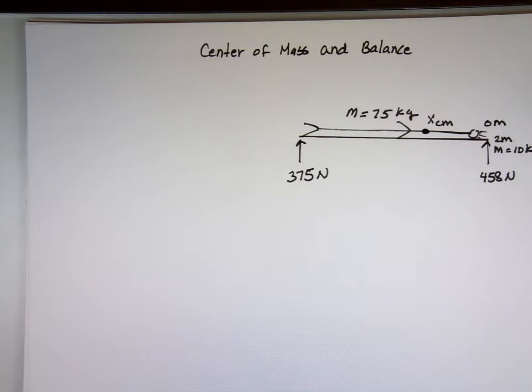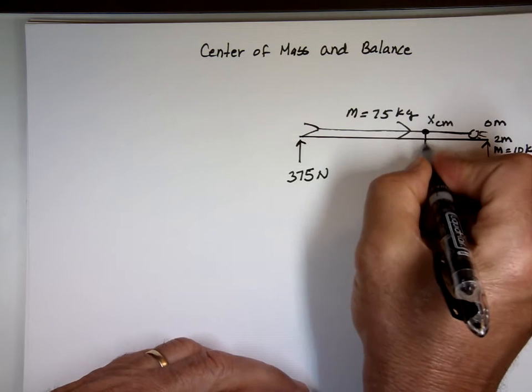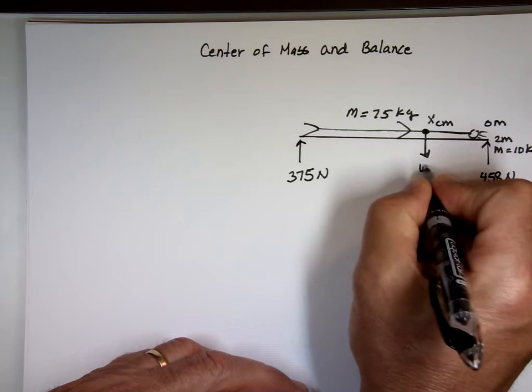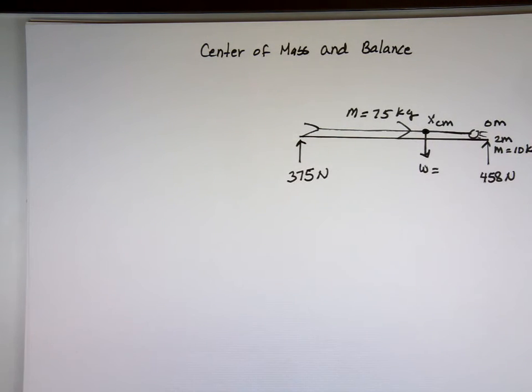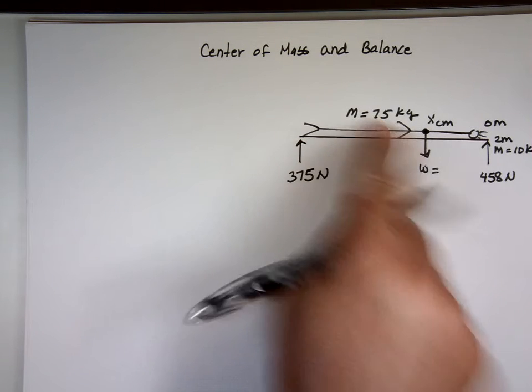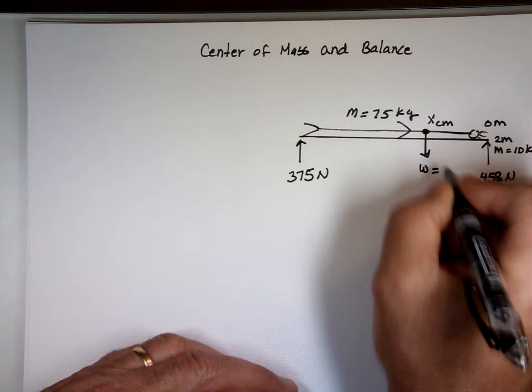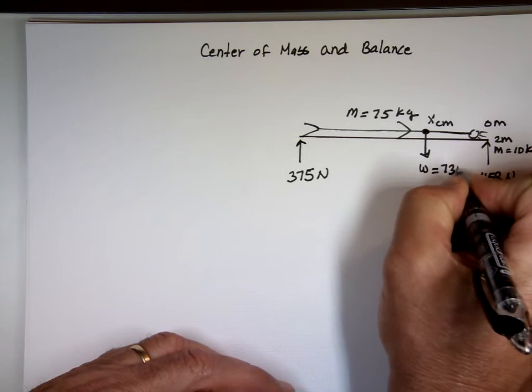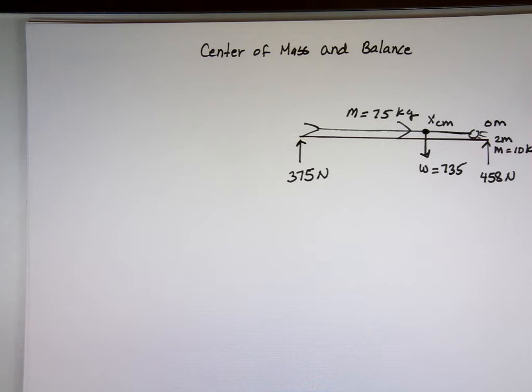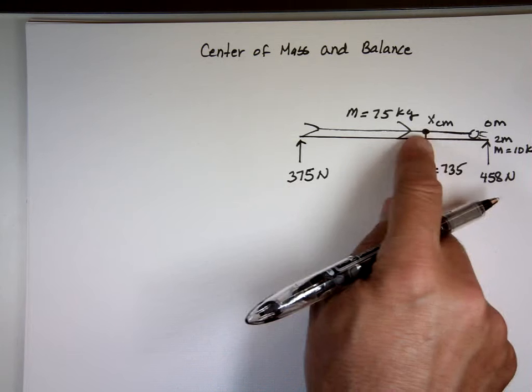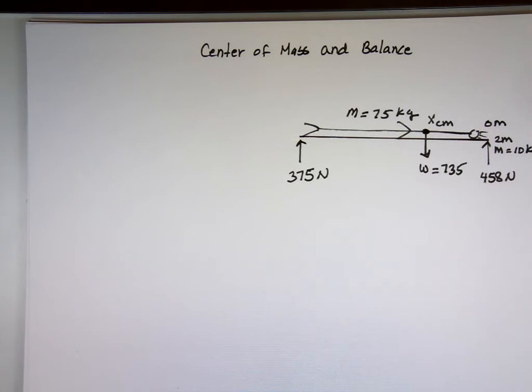So we're going to treat that person as a weight straight down here, where the center of mass is, and the weight is going to be 75 times 9.8, which is 735. So the weight of the person is going to be 735 Newtons, and it's some distance x_CM from the head. We have no idea what the value is.